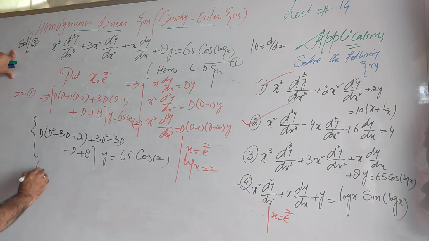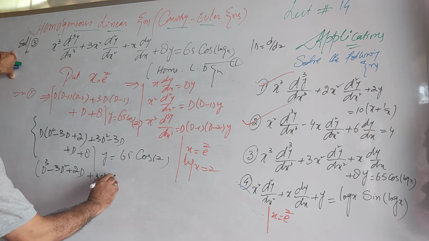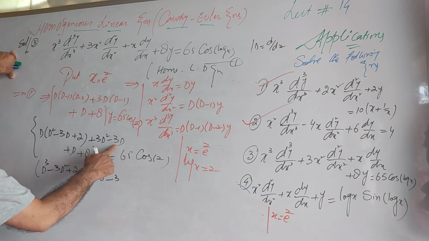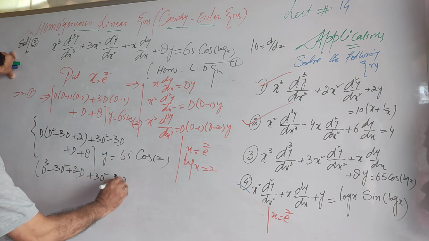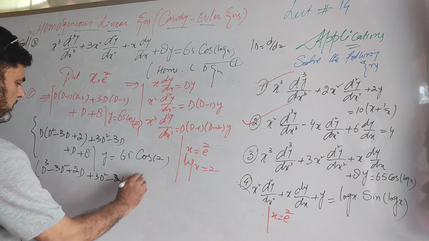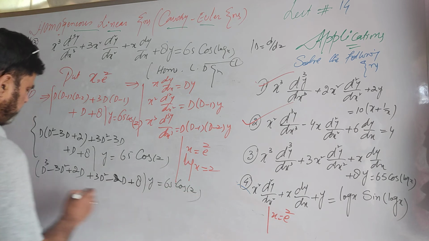Simplify this: D cube minus 3D square plus 2D, plus 3D square minus 3D, plus D, plus 8y is 65 cos of z.